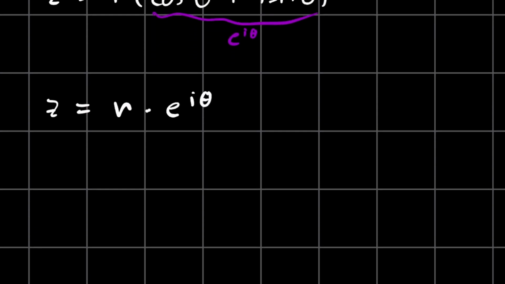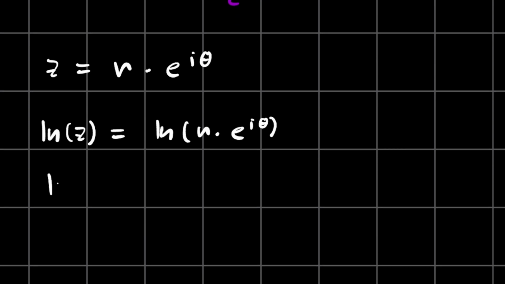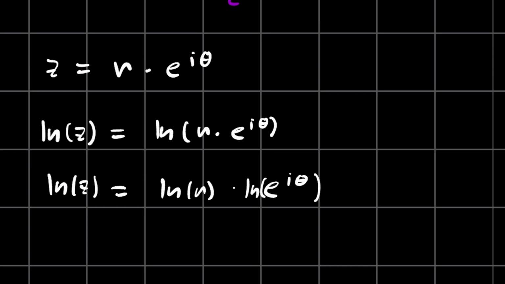And now we can simply write ln on both sides. So ln of z is going to be equal to ln of r times e to the i theta. This can be equalized as ln of r plus ln of e to the i theta.